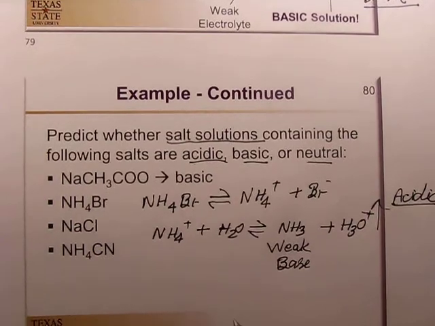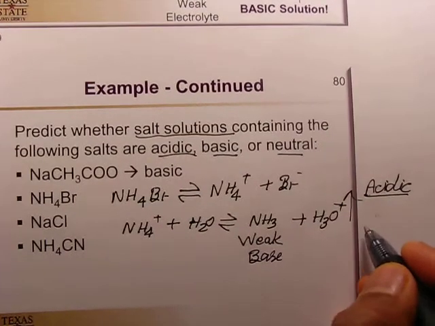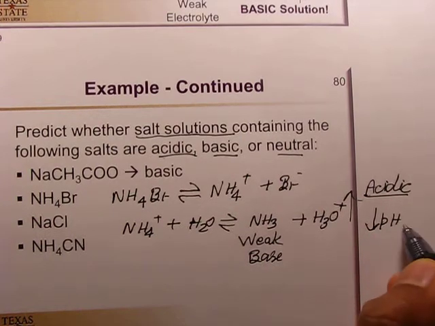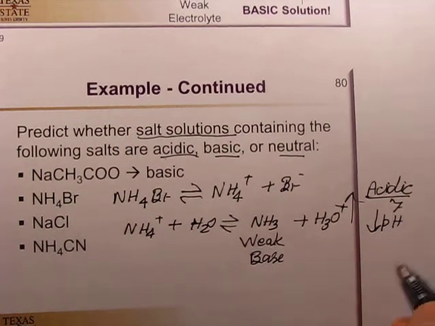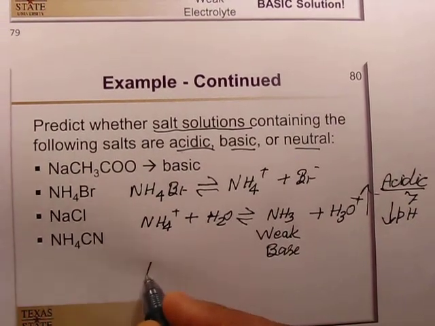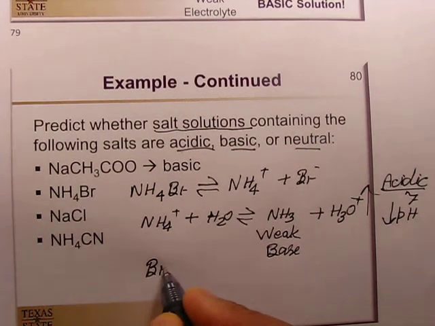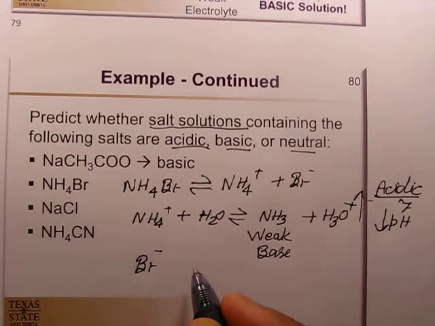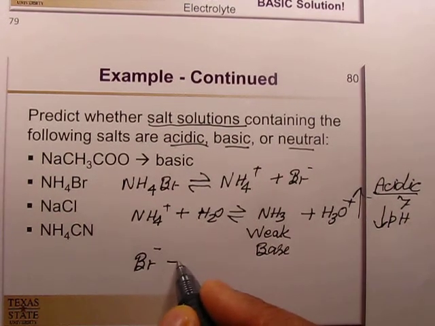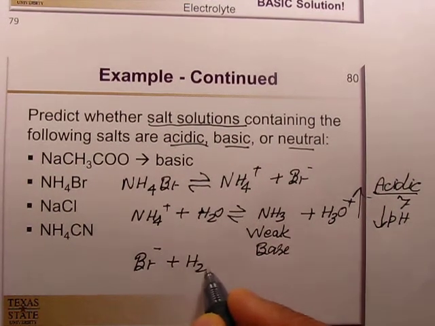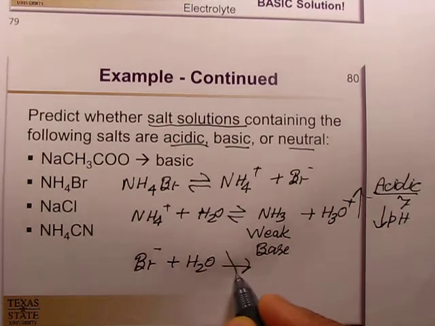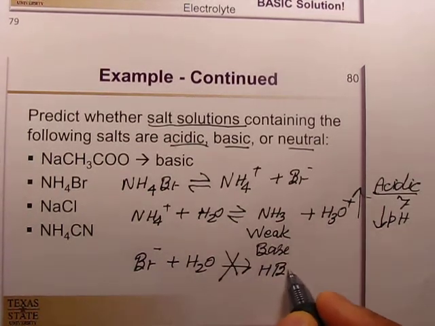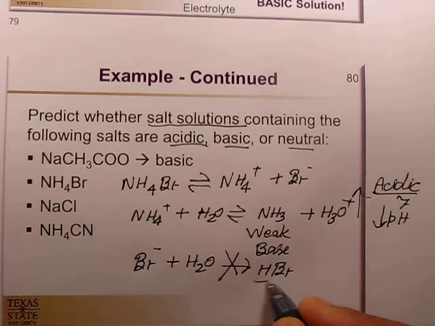The pH will go below 7. What about the bromide ion? We have seen in the previous slide that it comes from a strong acid, which is why it won't react with the water, so no reaction. Even if it did react, what would it form? It would form HBr.